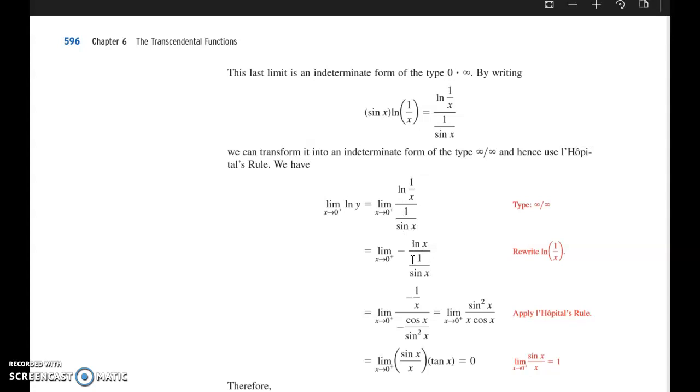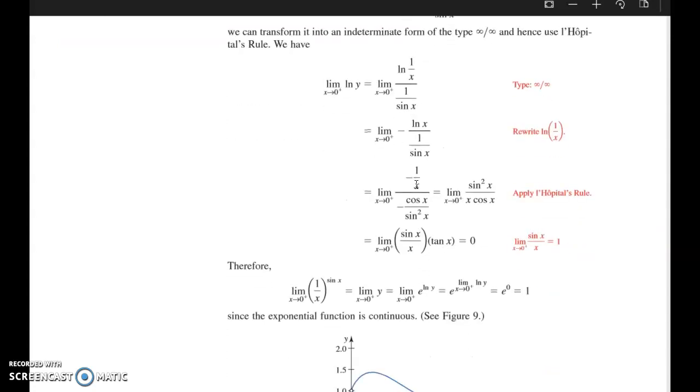Next, I can write log 1 by x as minus log x divided by 1 by sin x. So this is infinity by infinity form. So again apply L'Hopital's rule, that is minus 1 by x divided by minus cos x by sin square x.